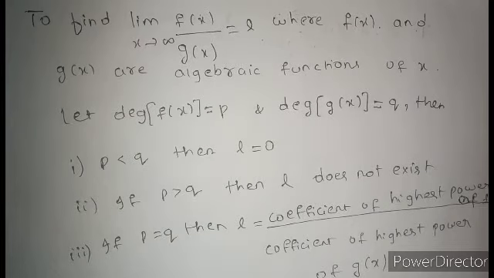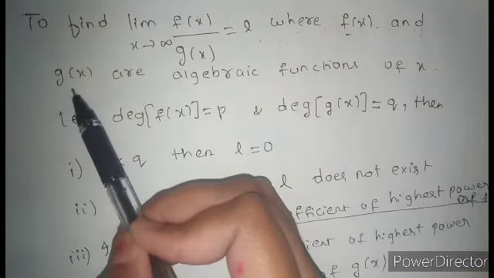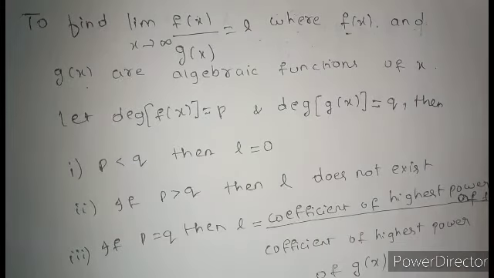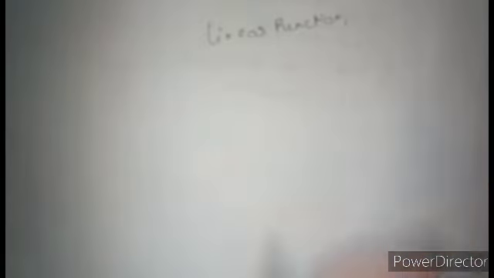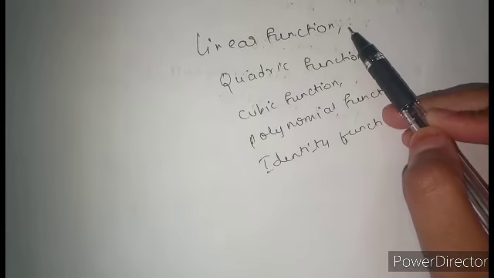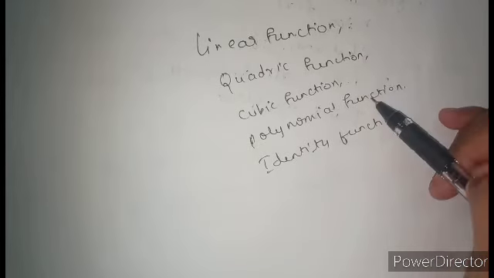Before applying tricks, you need to know a few important things. Here f of x and g of x are algebraic functions. First of all, what do you mean by algebraic functions? Linear function. So these are algebraic functions. What do you mean by linear function? In class I have taught you about linear, quadratic, cubic, and polynomial functions, right?